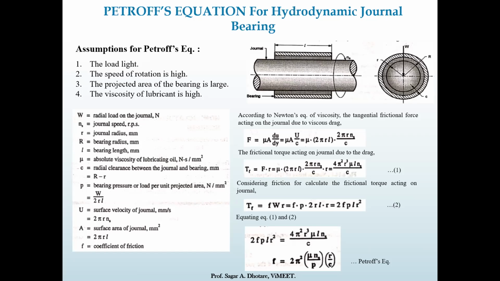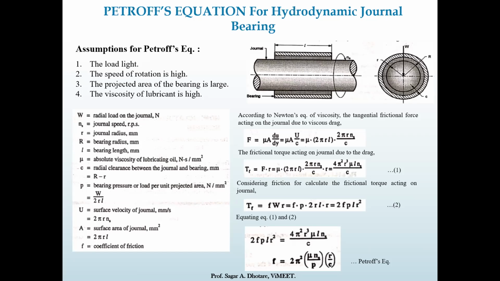The Petroff equation gives a fair estimation of the coefficient of friction for values of eccentricity ratio, small e, in the range of 0.0 to 0.5. Based on this data we can finally develop the hydrodynamic theory, which is based on the Reynolds equation, as we are using Newton's viscosity equation over here.